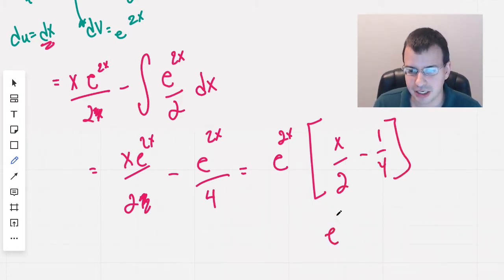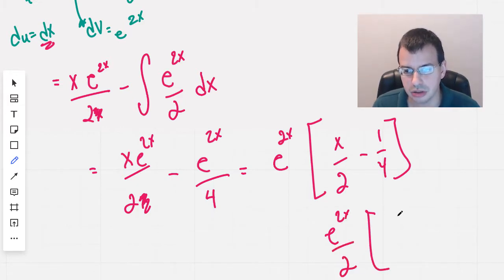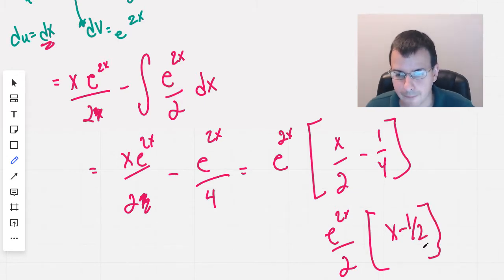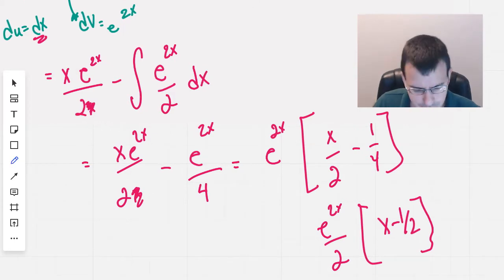It also might be written as e to the 2x over 2 times x minus 1/2. There you go. Okay. That seems reasonable.